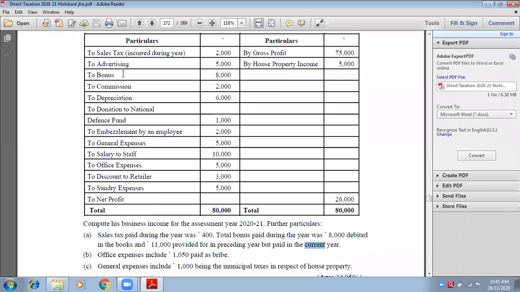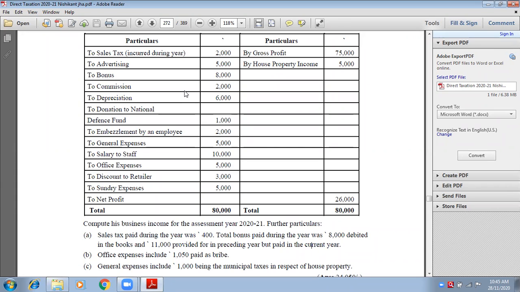Have they shown the 11,000 bonus which is paid in the current year? No, ma'am. So that is something to be shown, to be allowable. That is the expense that we need to allow. Why? Allow means show. Why do we need to show? Because it is paid in the current year, but it is not shown in the P&L. Therefore, we need to make it.